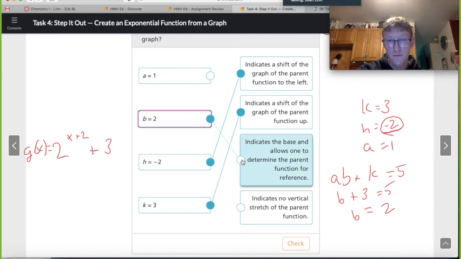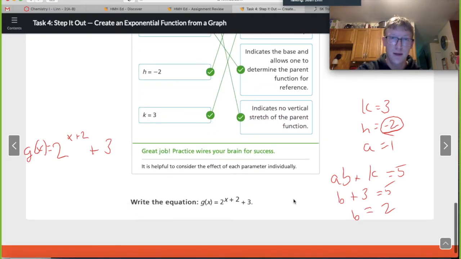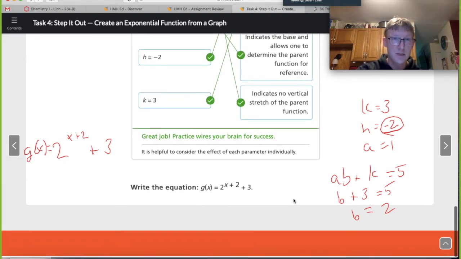B is for base. And then 1 indicates no vertical stretch of the parent function. I like it. So then we write the equation. They got the same thing we did. So life is good. So there we go.